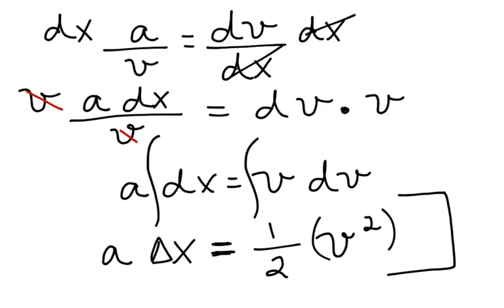Let's put in here a limit of v final and v initial. So we have a v final here, v initial here.